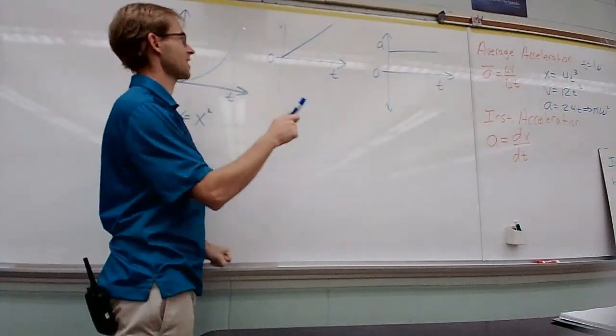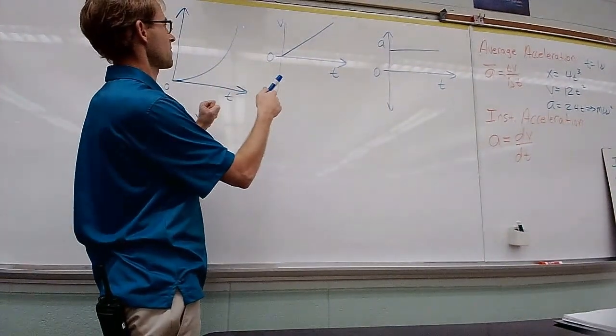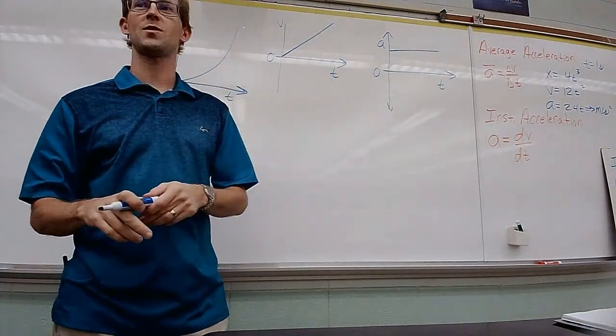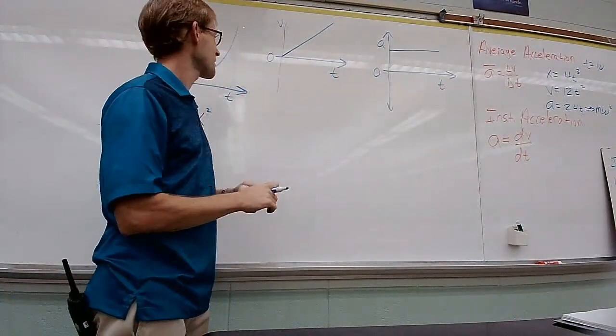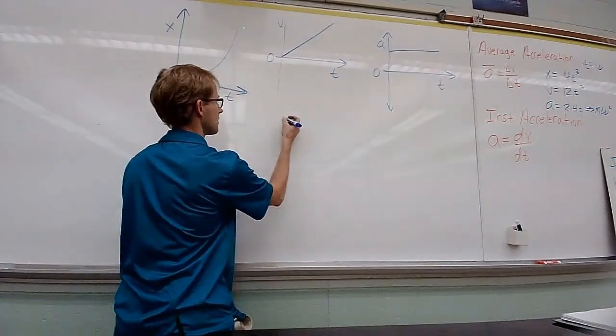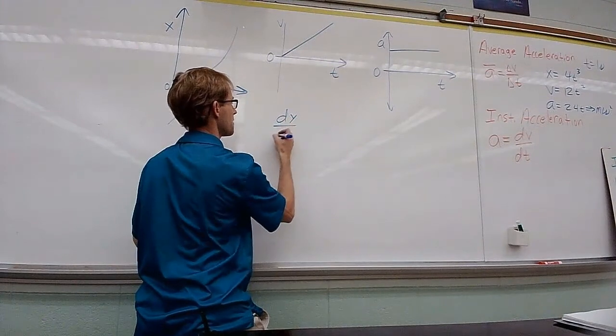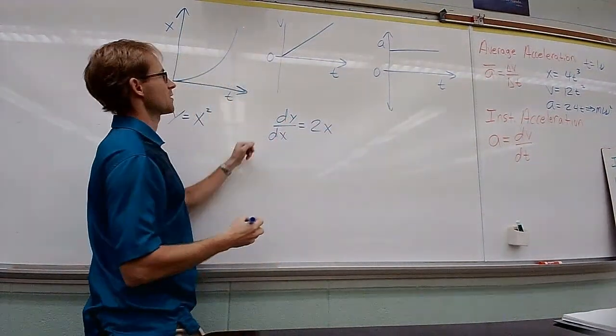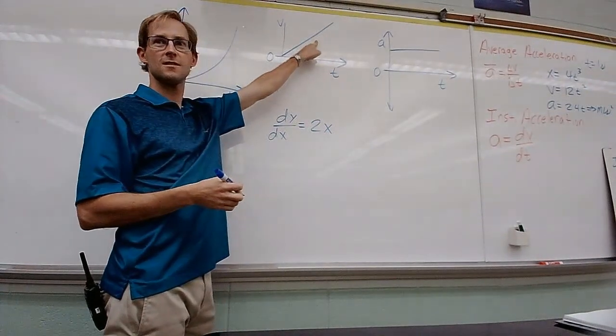Now, like I mentioned last year, when you were doing this, you were actually doing graphical calculus without realizing it. Because check it out. If you take the derivative of x squared, derivative of y with respect to x, you get 2x, which would look just like this.